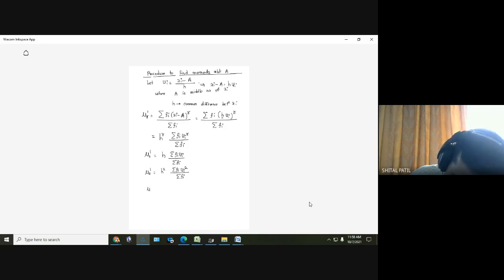Mu3 dash h cube summation of fi ui cube divided by summation of fi. Mu4 dash h raised to 4 summation of fi ui raised to 4 divided by summation of fi. Okay, so we have to use these formulas while solving the example.